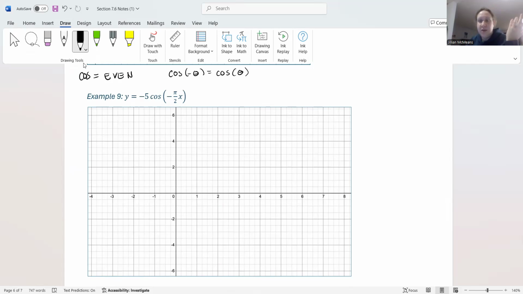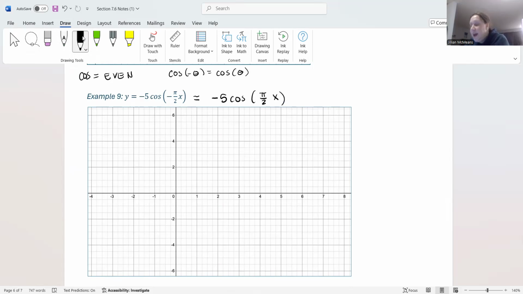It doesn't really do anything, because negative theta is the same thing as just cosine of theta. So we're going to first rewrite this graph as an equivalent form, taking into account the fact that this is even. So this is the same as -5 times cosine of +pi/2 times x.